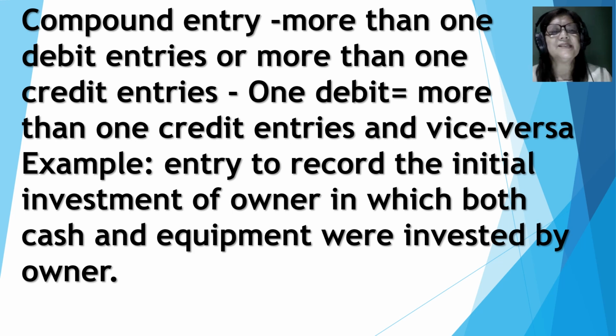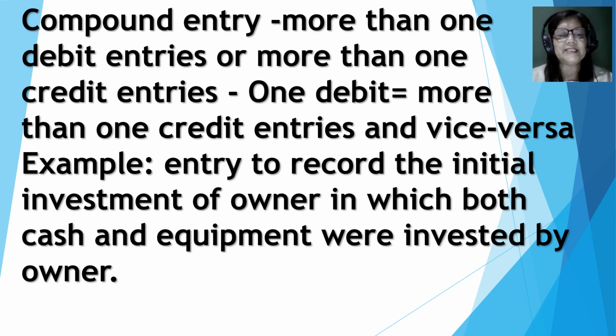The second one is compound entry. More than one debit entries or more than one credit entries. It may be one debit is equal to more than one credit entries or vice versa, meaning two debits and one credit. Okay, what is the example?